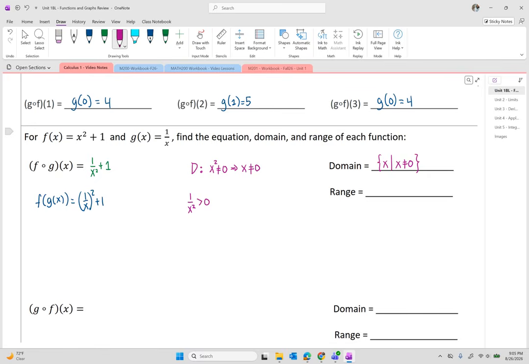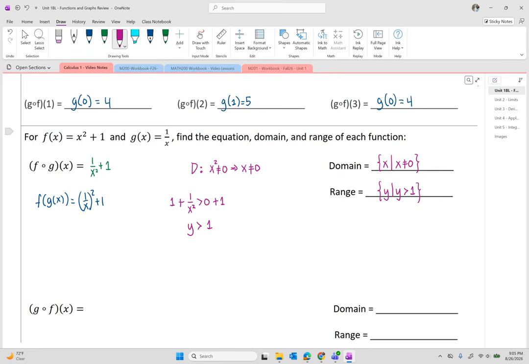So this fraction is just never equal to 0. If I add 1 to both sides, I will get y greater than 1, or f circle g of x greater than 1. So the range is all the y's such that y is greater than 1.